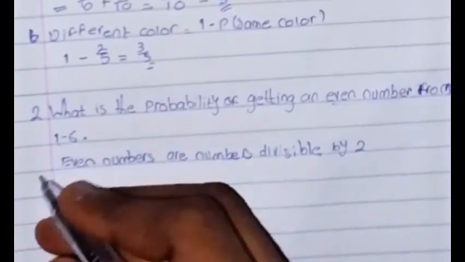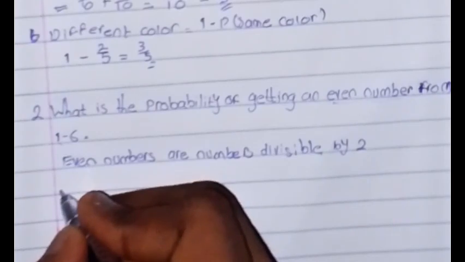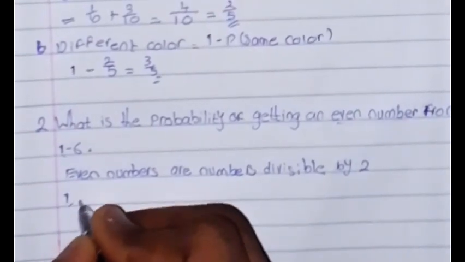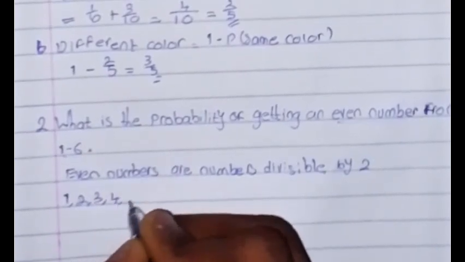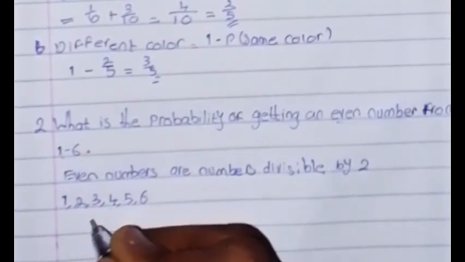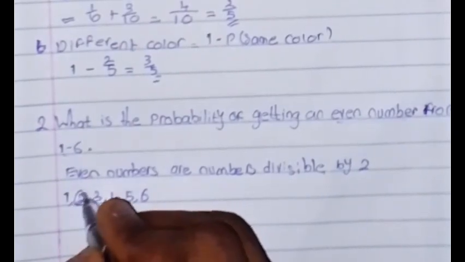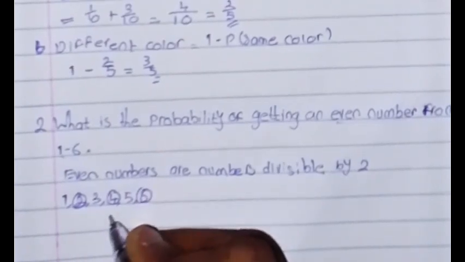Now, they said probability of getting an even number from this range of numbers. The range is 1 to 6. So let's list out the range of numbers: 1, 2, 3, 4, 5, 6. If we identify the even numbers from 1 to 6, we'll pick out 2, 4, and 6 as well.